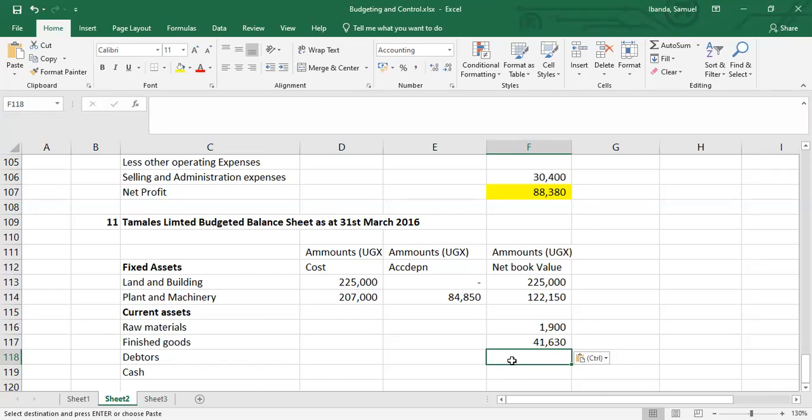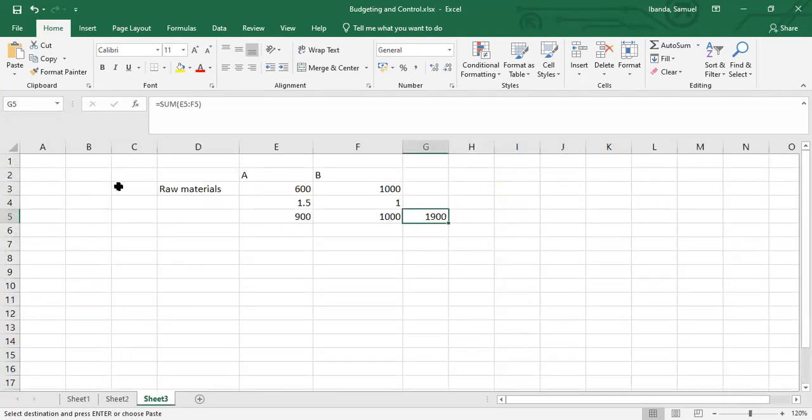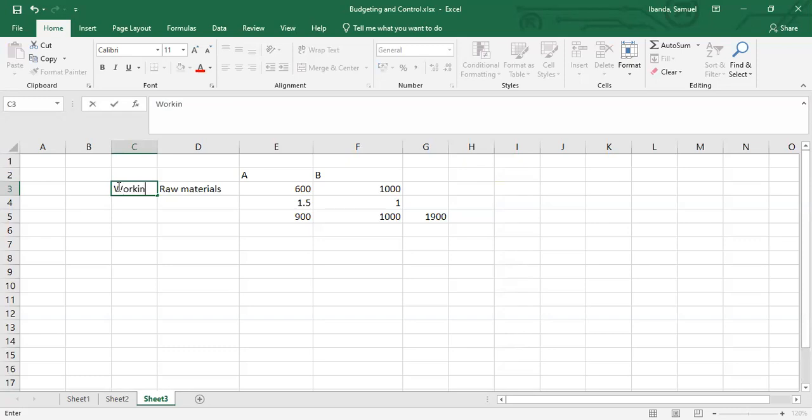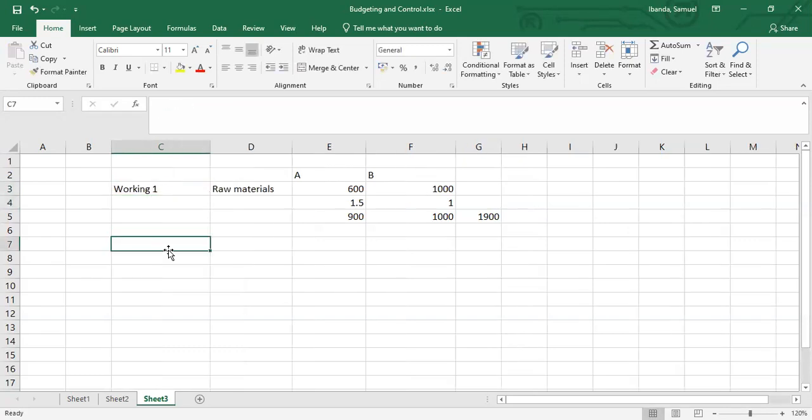So for the debtors, I'm going to calculate it. Maybe I can call this working one. I want to show you how I'm going to get my debtors.